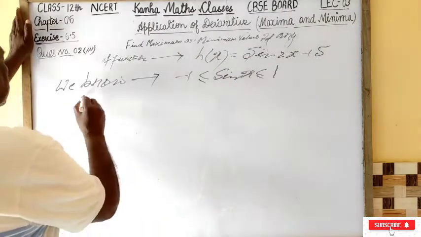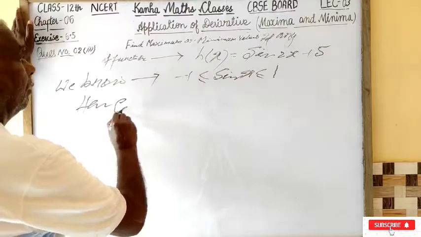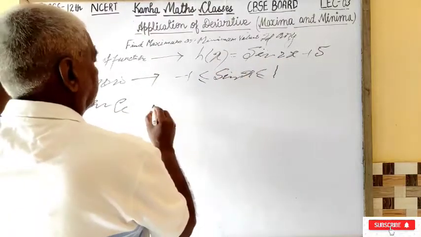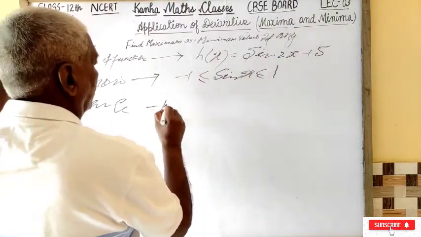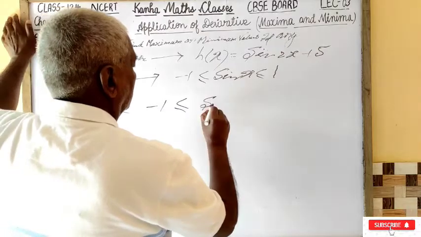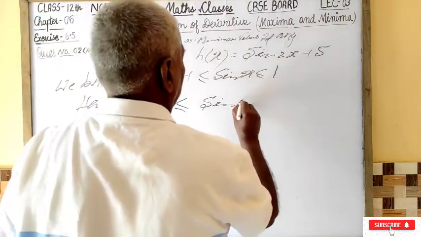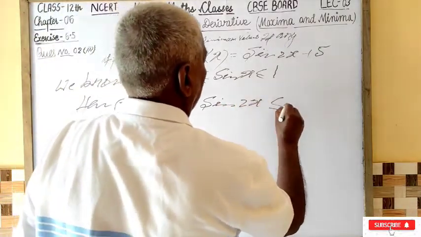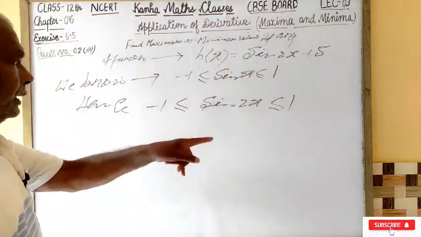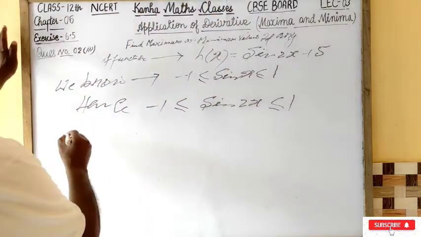Hence, minus 1 is less than or equal to sin 2x, which is less than or equal to 1.